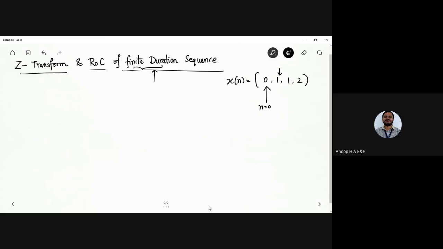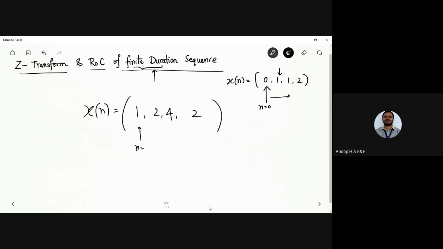At the same point you have n equals 1 here. If I move towards the right from n equals 0, those would be the positive values of n. So let me write it here, x of n, the signal expressed like this.